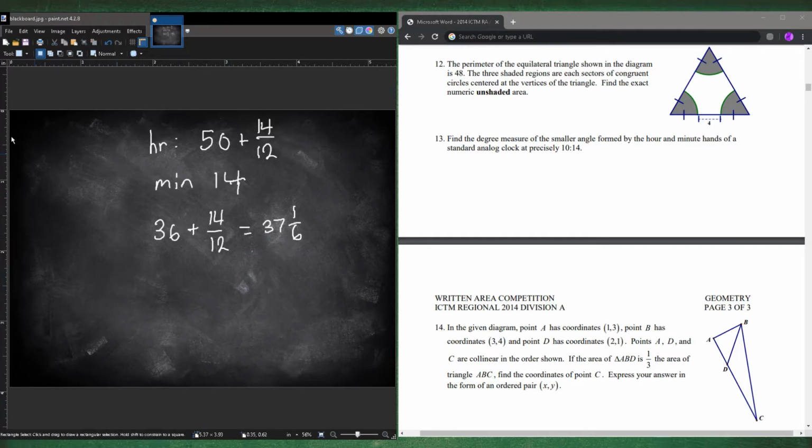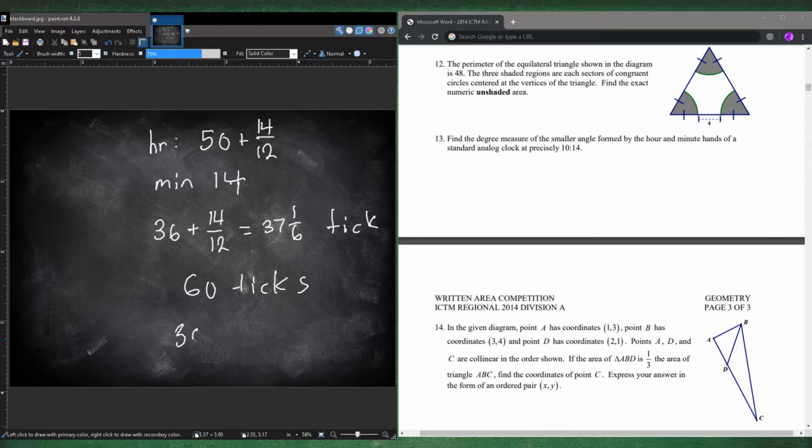So how many degrees is each tick? Remember there are 60 ticks in the circle, and 360 degrees. So each tick is 6 degrees, because 6 times 60 is 360.